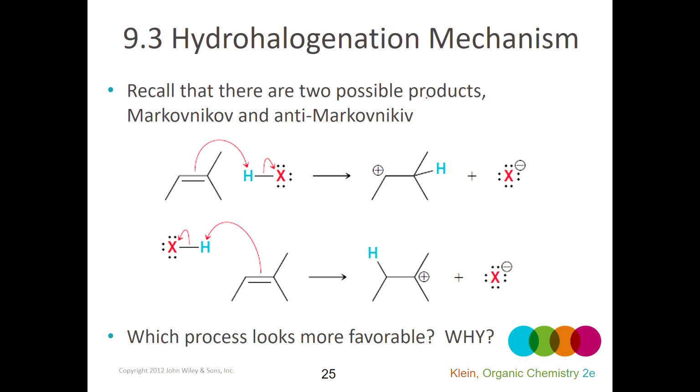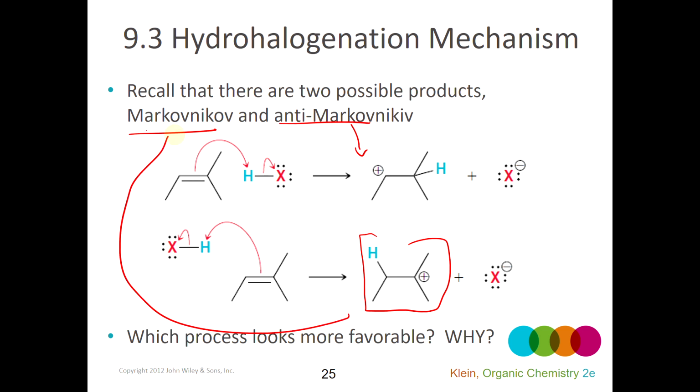There's two possible products. There's the Markovnikov product that would result from the more stable carbocation, and the anti-Markovnikov product that would form from the less stable carbocation. Which looks more favorable?